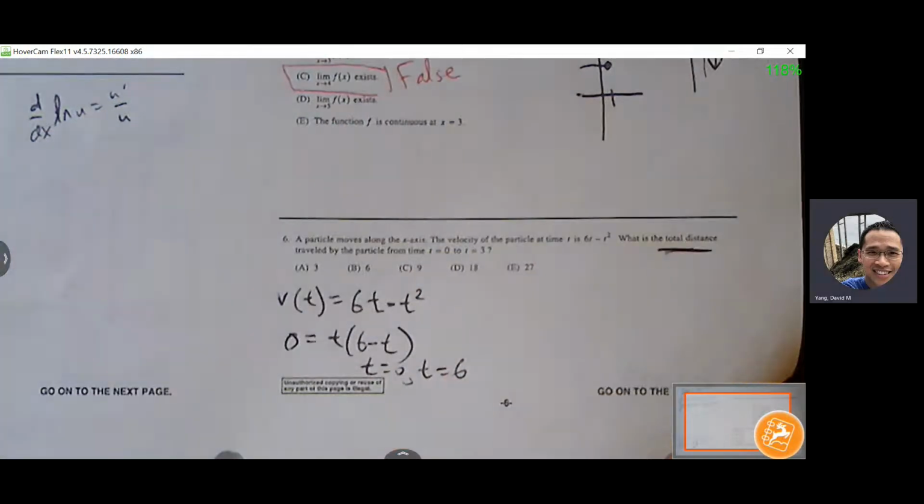There's only a change in direction at 0 and 6, so we're safe. From 0 to 3, we can take the integral.